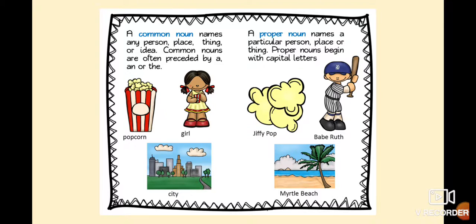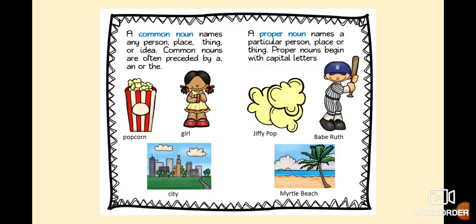Then we have a proper noun. A proper noun names a particular person, a particular place, or a particular thing. And proper nouns begin with capital letters. For example, Jiffy Pop, the proper name of a popcorn.